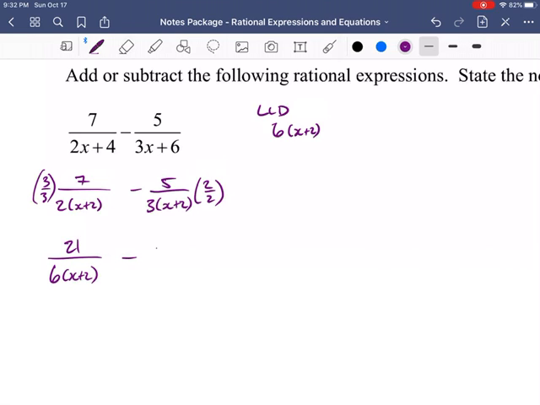And on the right side, you'd end up with 10 over 6 and (x plus 2). And now you can collect like terms, and you're going to end up with 11 over 6 and (x plus 2). That won't simplify any farther. So our non-permissible values are x cannot equal negative 2.